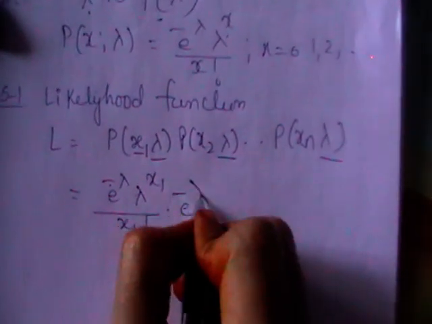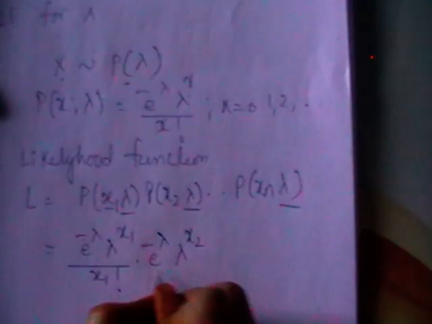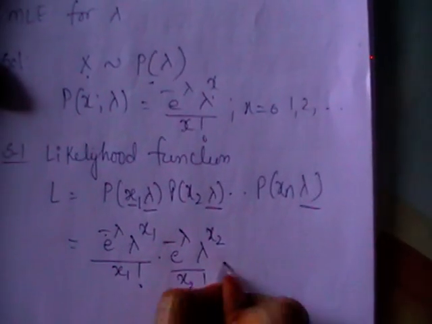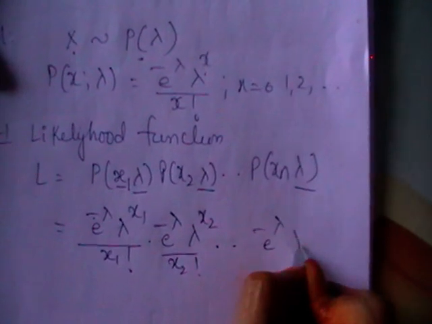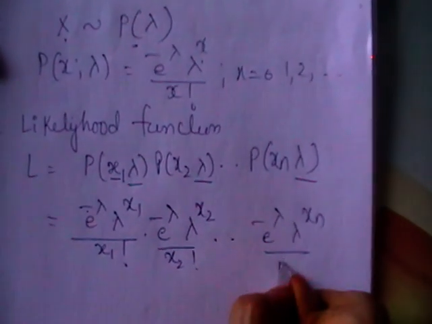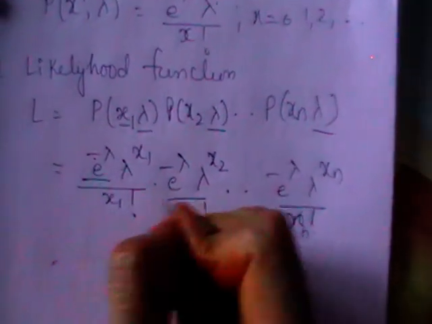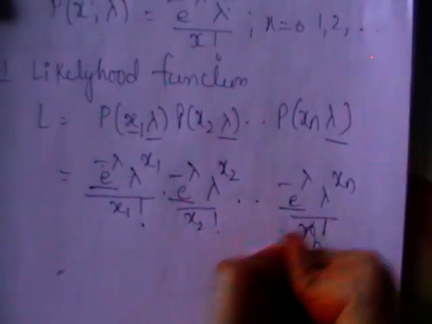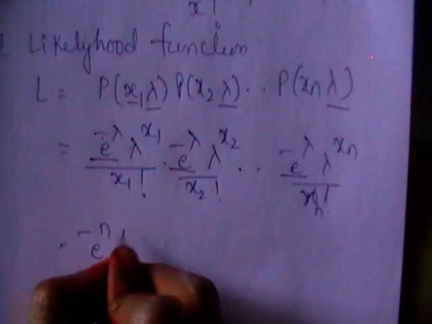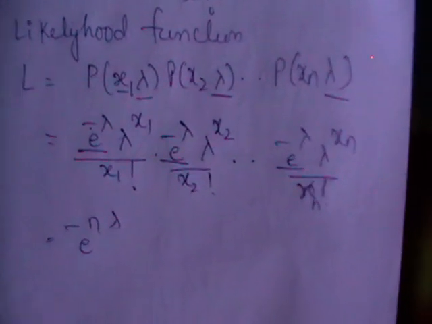The second one will be e power minus lambda, lambda power x2 by x2 factorial, and the last e power minus lambda, lambda power xn by xn factorial. You have e power minus lambda n times, which you will get as e power minus n lambda.